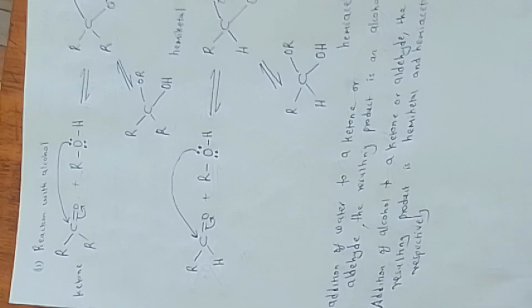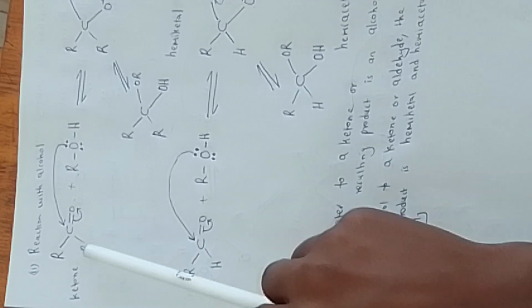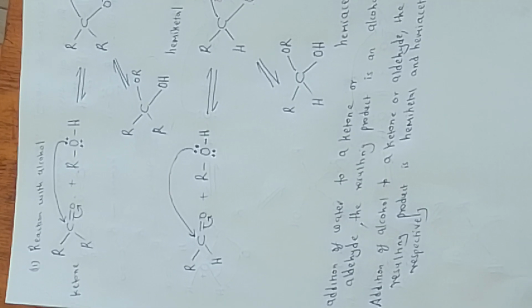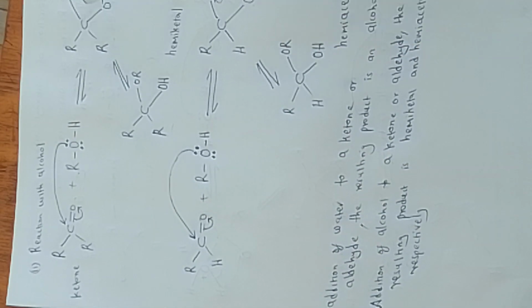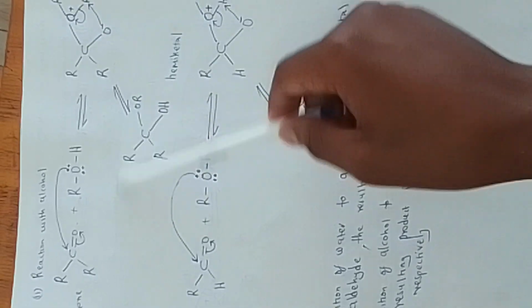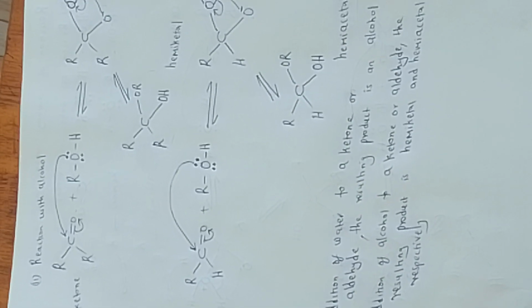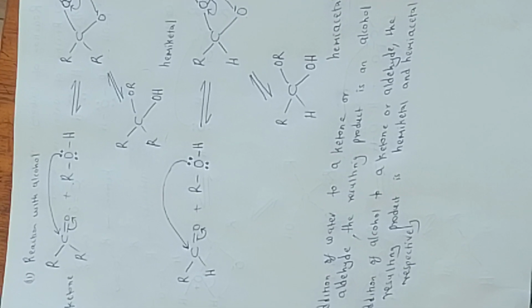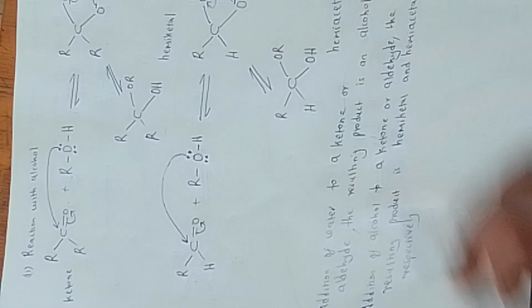As we have looked at in this process, this was a ketone, you had an alcohol, the process looked like this, then you form a ketal, and we have said that the next video will be looking at the formation of ketals.